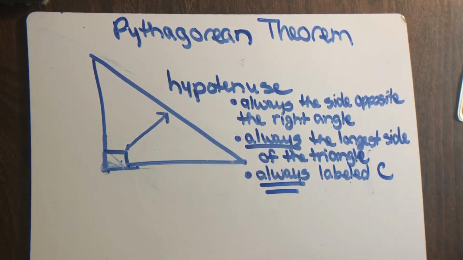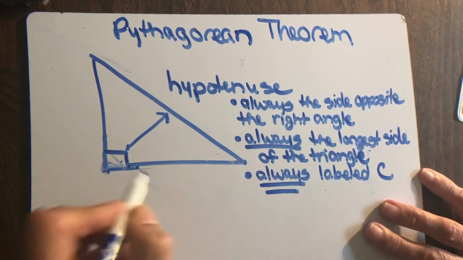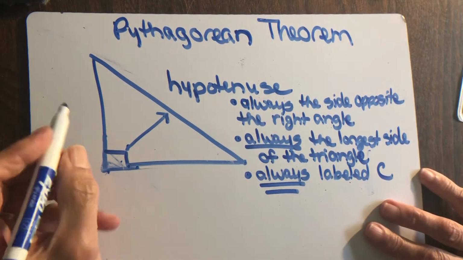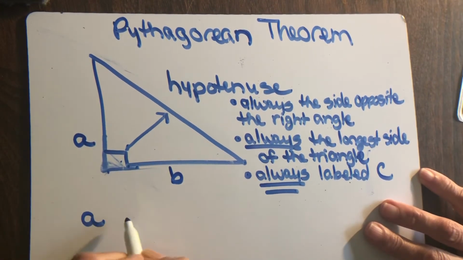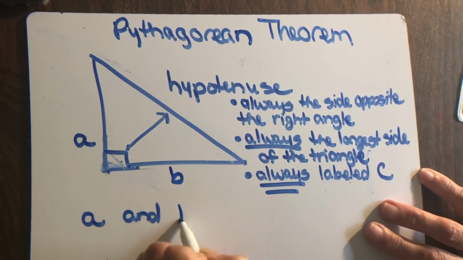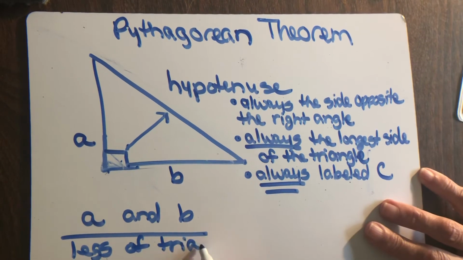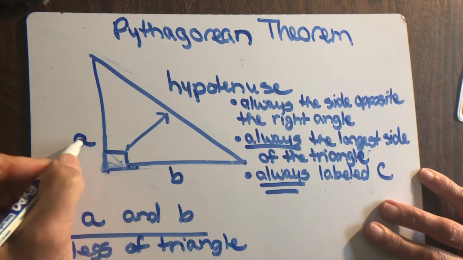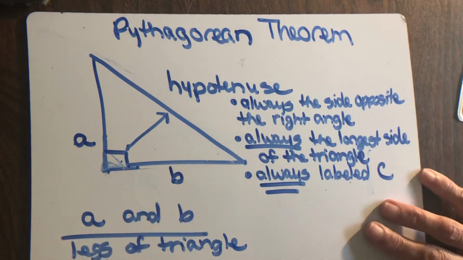Always labeled C. Okay? Now, the other two sides are called the legs. I'm just going to call them A and B. So A and B are the legs of the triangle. It doesn't matter how you label that. I labeled this A and this B, but you could call this B and this A. That doesn't matter.